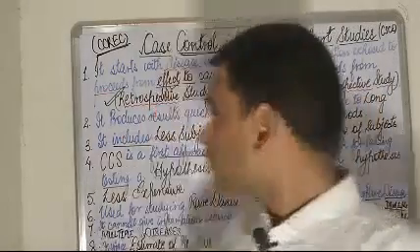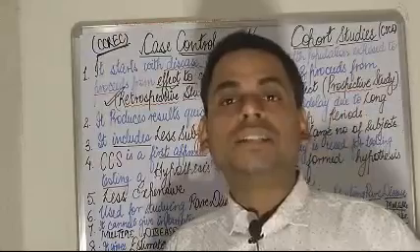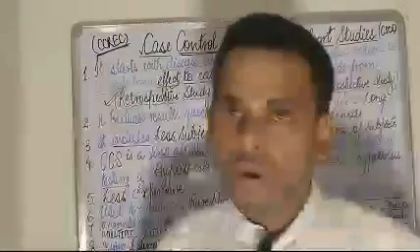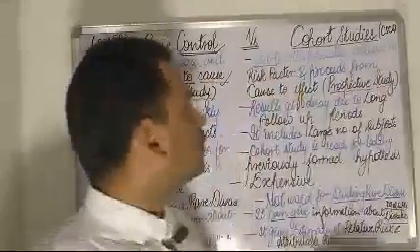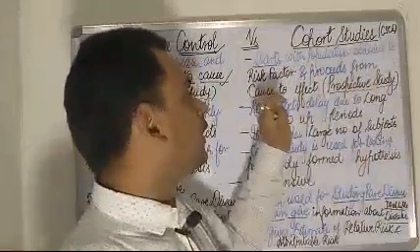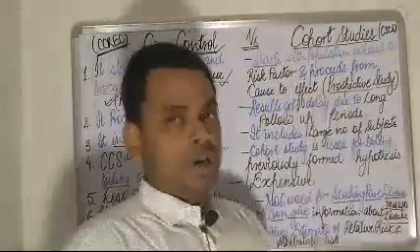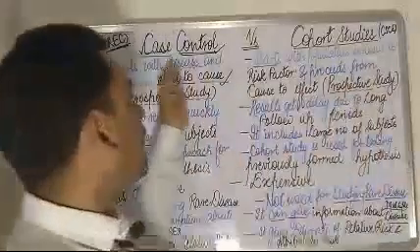So students, the case control study is a retrospective study because it proceeds from effect to cause, while the cohort study starts with the population exposed to the risk factor and proceeds from cause to effect. So here it is just the reverse of the case control.